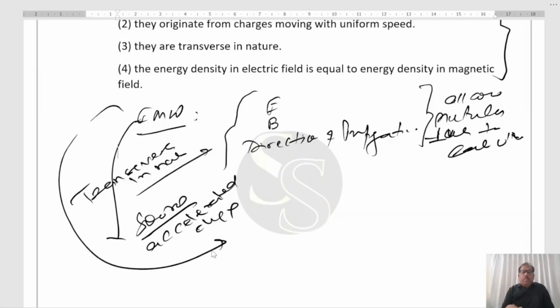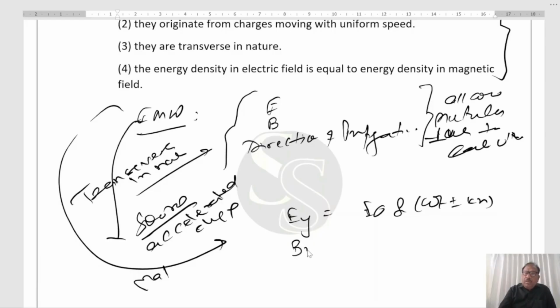Mathematical expression. Suppose Ey equal to E naught, where E naught is the peak value, sine of omega t plus or minus kx. In this case, the direction of propagation is the x-axis. So, if this is the y direction, the magnetic field will be in the z direction: B naught sine omega t plus or minus kx.